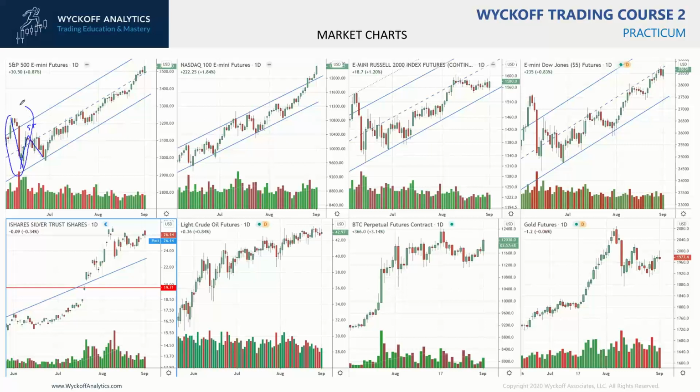So these two swings, down and up, identify to us that the environment has changed from an uptrending environment into a trading range, a non-trending environment. And those are the major differences between the change of behavior and the change of character.